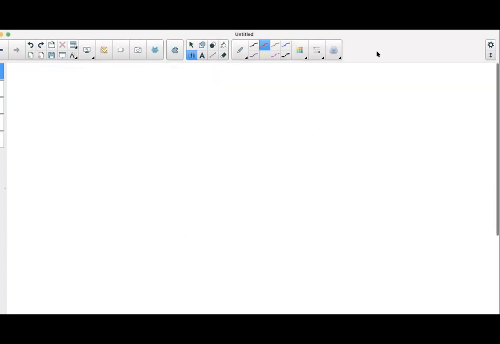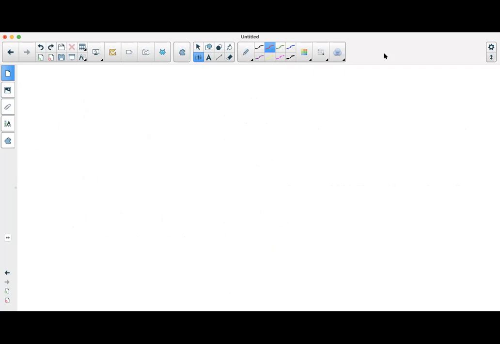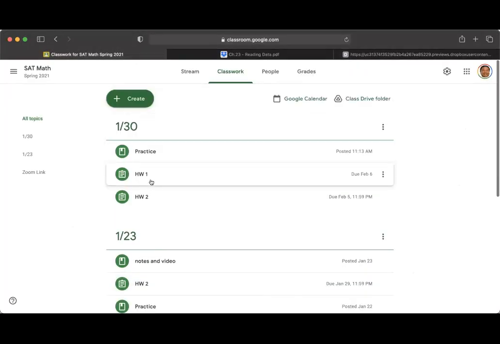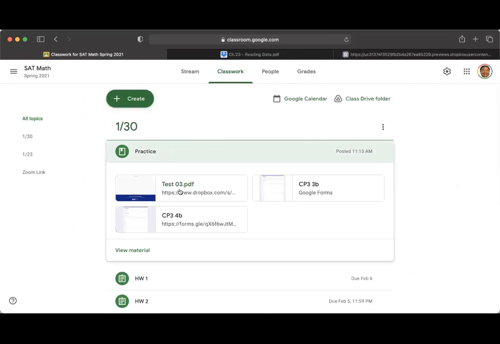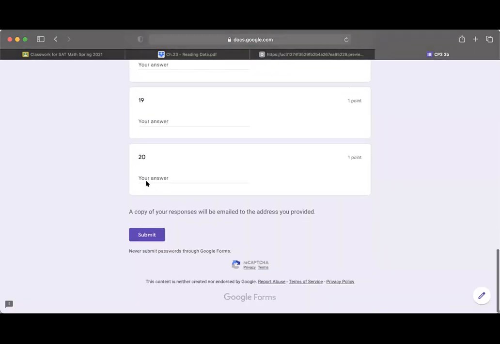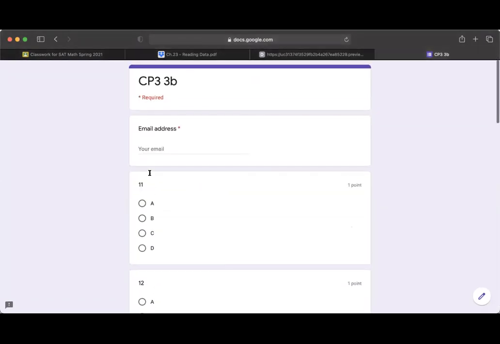What I want you to do is go to our Google Classroom. There is a practice section right over here. Go to today's date, practice. That's the exam, but we're gonna be looking at this one, guys. So I want you to do number 11 through 20. 10 questions. All right. This is no calculator. So give me 1 second.